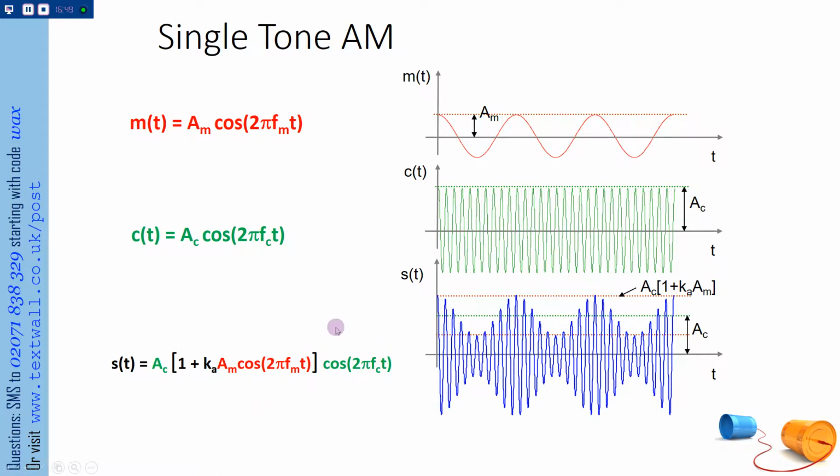Now, the green and the red are being multiplied. So everybody who said multiplication, you're right. There is multiplication going on. But we're also doing two things. We're scaling it. So we take the red signal and we scale it. We multiply it by a constant. And we clamp it. Clamping is adding DC. It's like shifting it upwards. So imagine that red signal being shifted upwards. That's called a DC shift or a clamp.